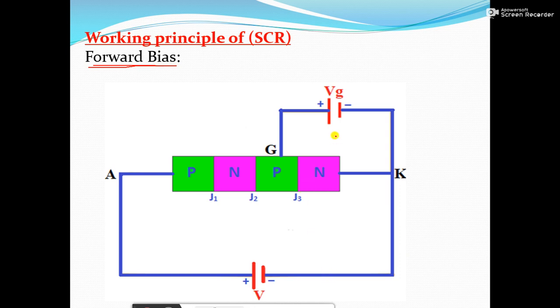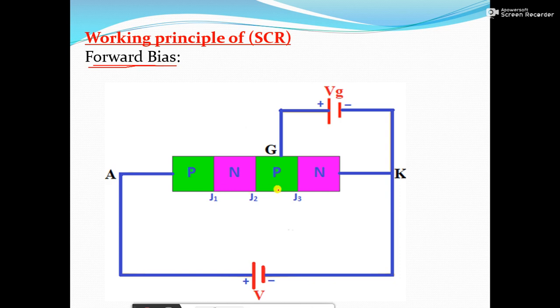Let us discuss the forward bias operation. Let's say the anode is made positive with respect to the cathode. Since there are three junctions here, this is one PN junction, this is another PN junction, and this is another PN junction.